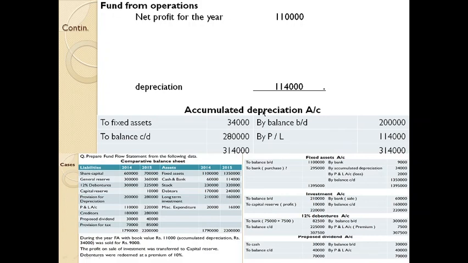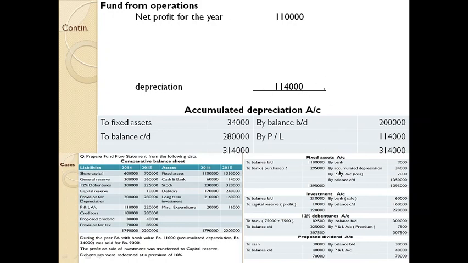When you are preparing an accumulated depreciation account, you need to take the depreciation of this account only. Never take the accumulated depreciation found in the fixed asset account. You will be taking that amount when you are not preparing an accumulated depreciation account. So we have taken the amount as depreciation 1,14,000.